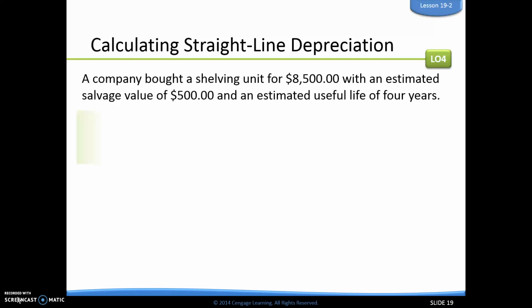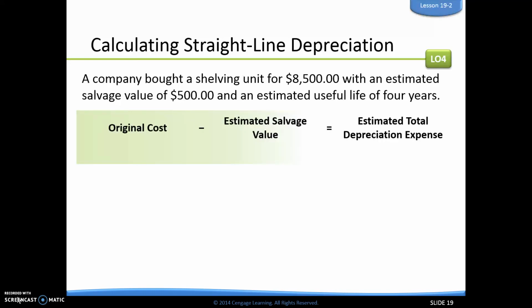So the first thing we need to do is we take our original cost, which was $8,500, and then subtract out the salvage value because we hope to be able to gain that much back. So $8,500 minus $500 gives us an estimated total depreciation expense of $8,000. That's how much we need to expense over our shelving unit's useful life.